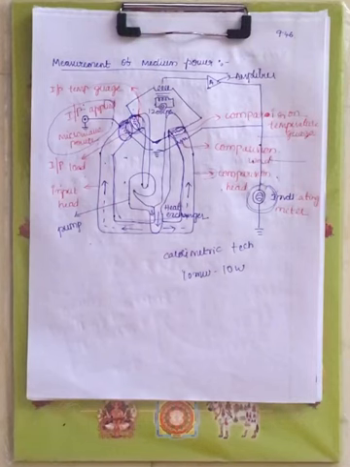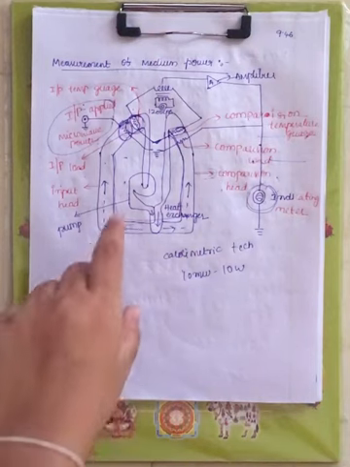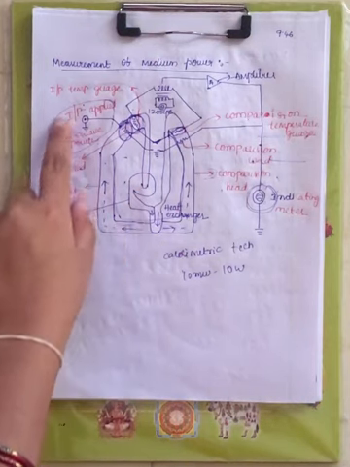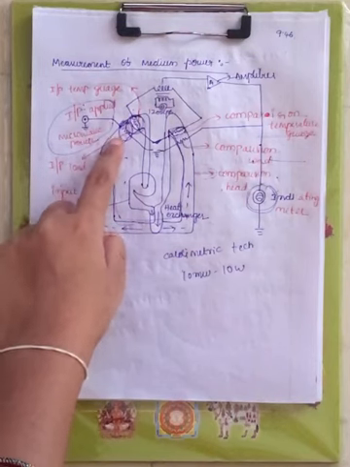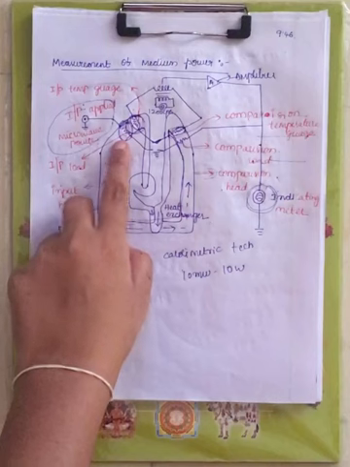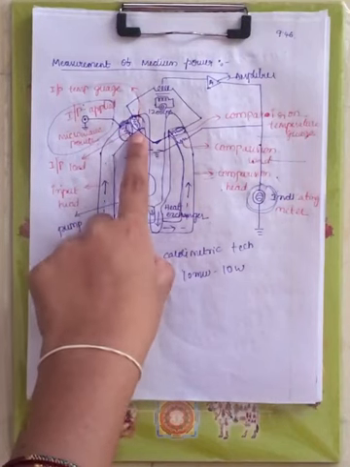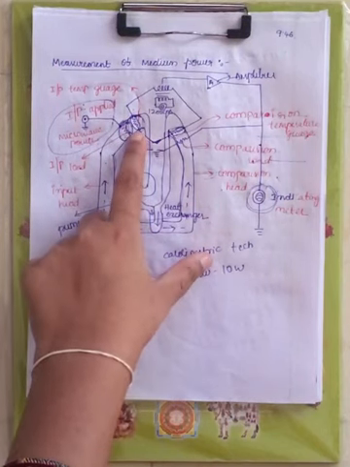This is about the structure. Now the input load resistor: whatever input you want to measure is given at this point.